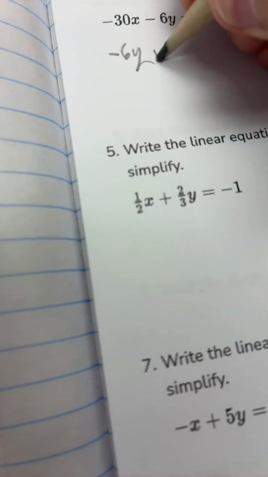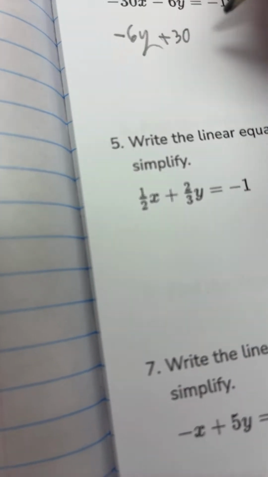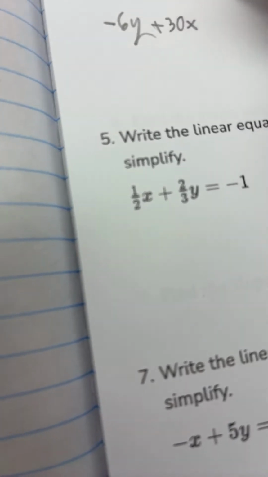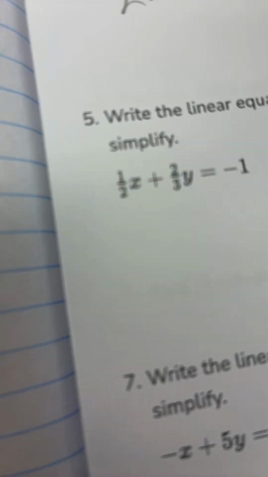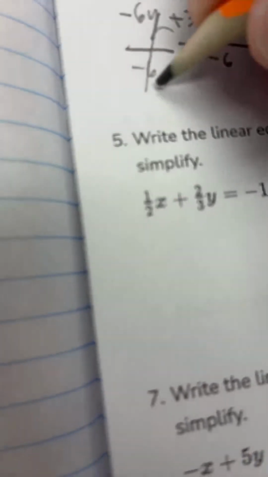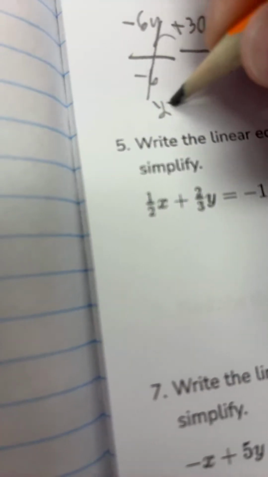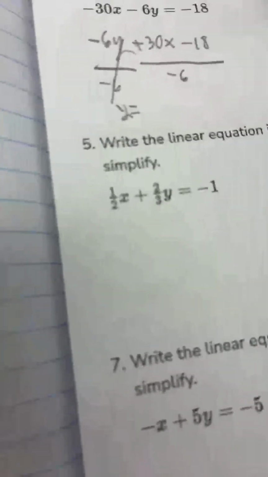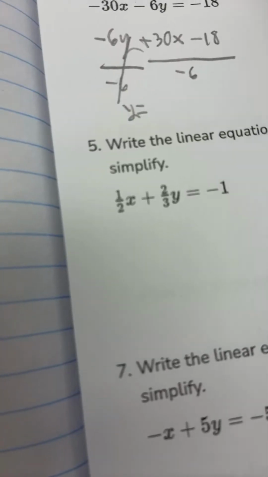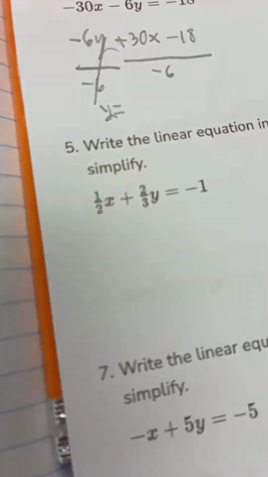That changed to a positive, so plus 30x minus 18, divided by negative 6.